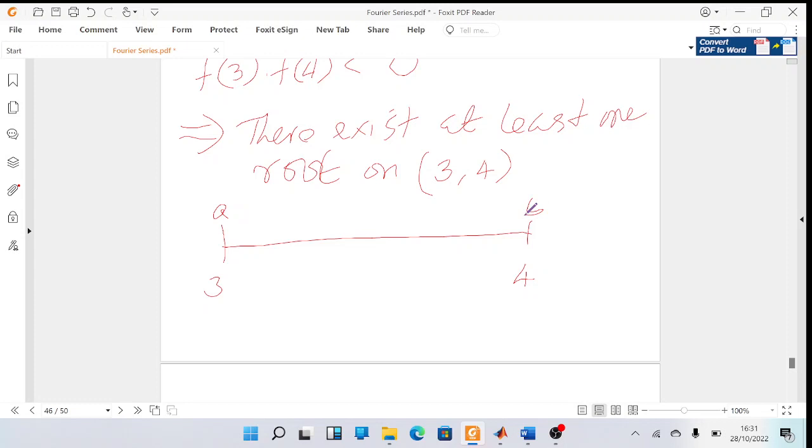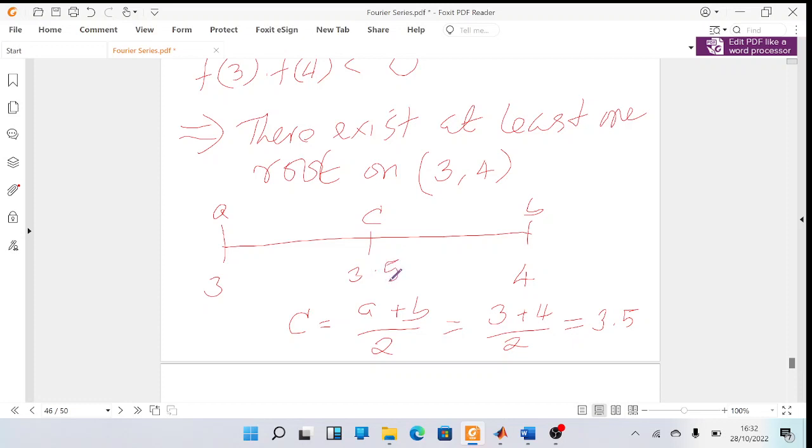So we want to partition this interval by the use of bisection method by finding a value C such that C is equal to A plus B divided by 2, the midpoint of this interval. So this will be 3 plus 4 divided by 2, which is 3.5. So we have the value 3.5 there, which is the value of C.